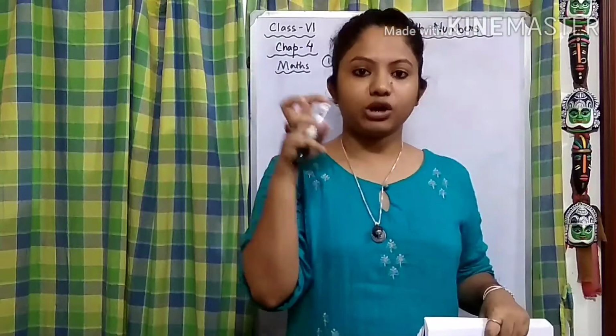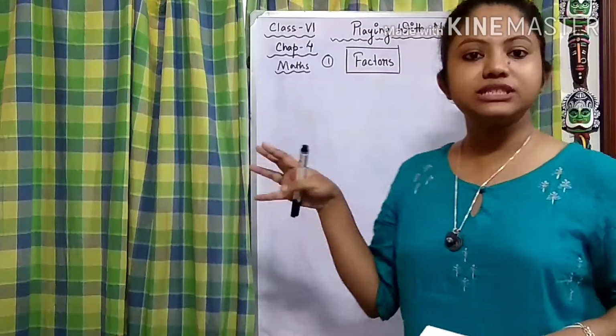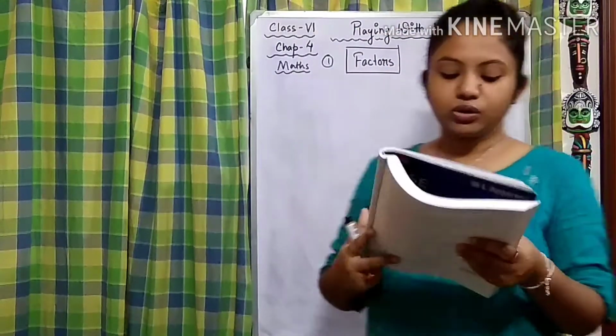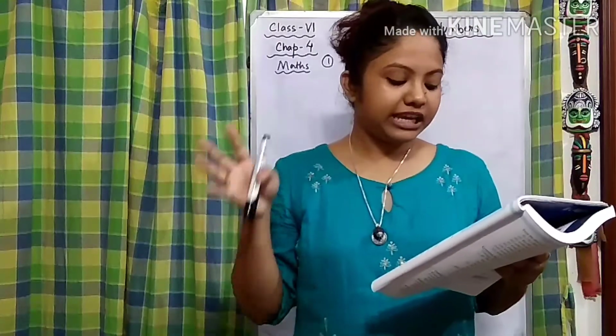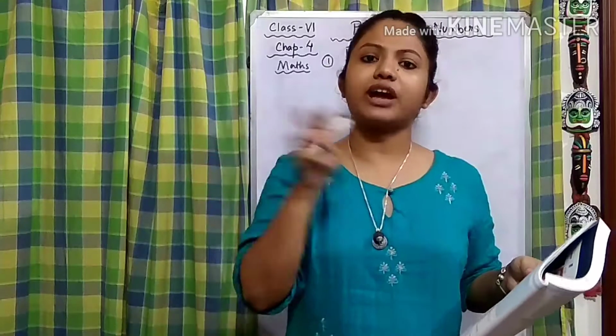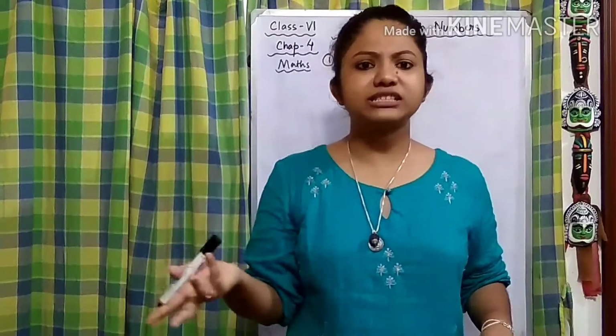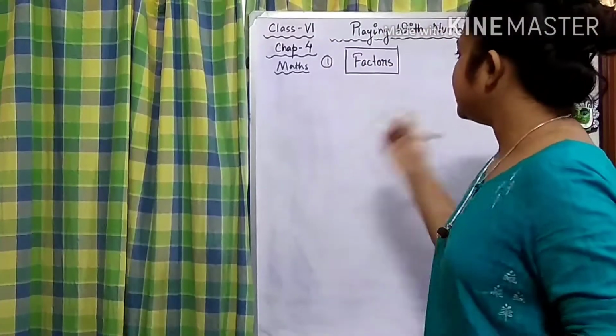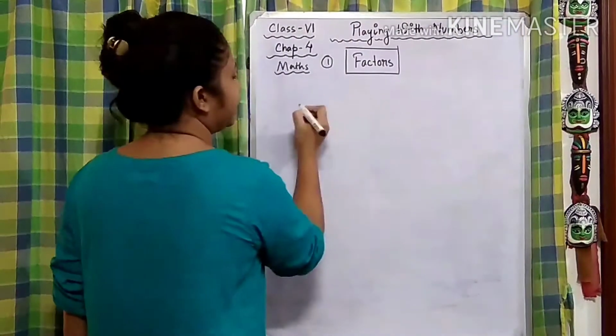So, according to the book, each of the numbers which are multiplied together are called the factors of each other. Let's take some example.